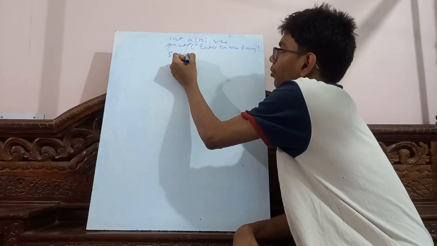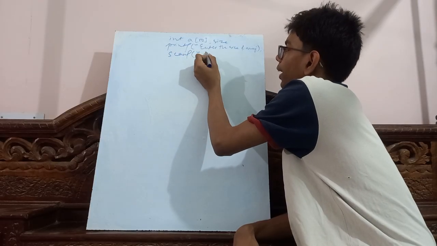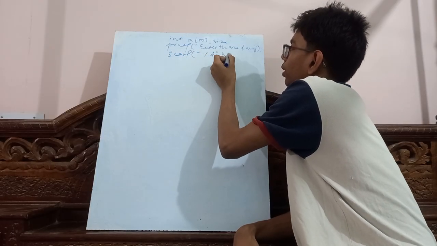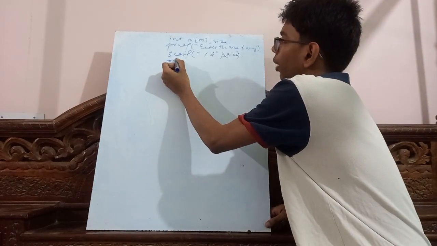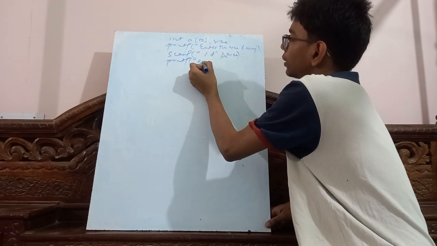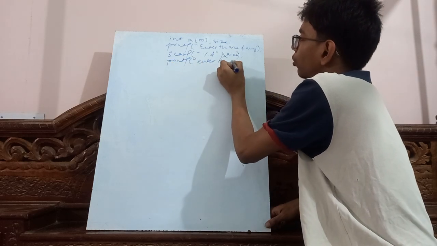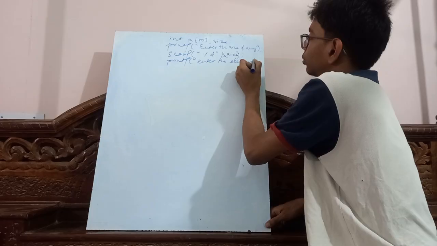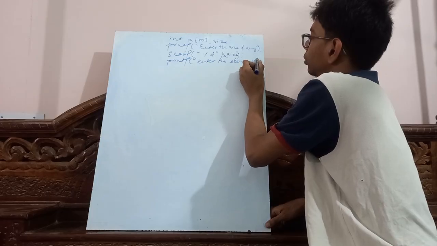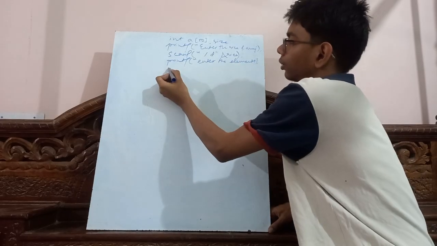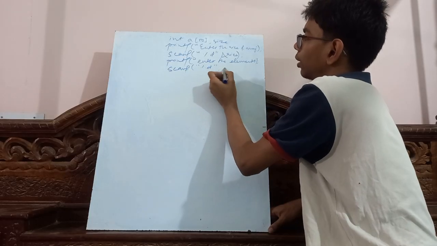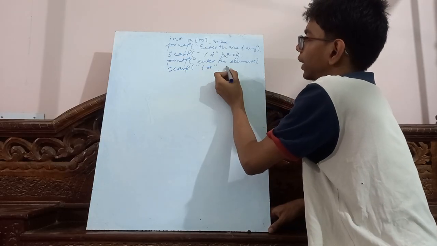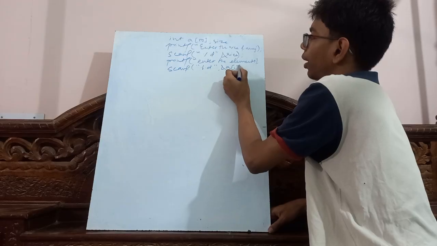Through a scanf I will take my size from the user, ampersand size, right? And then I will ask the user to enter the elements of the array, scanf percentage d, ampersand a of i.